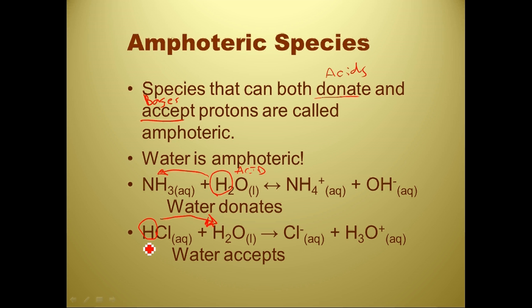The hydrogen is leaving the chloride, so the chloride winds up by itself, and the hydrogen is attaching to water. So instead of having two hydrogens, now water has three, and it's known as hydronium. So in this case, the water is acting as a base because it's accepting that hydrogen. So amphoteric species, the big idea is that they can act as both acids and bases.